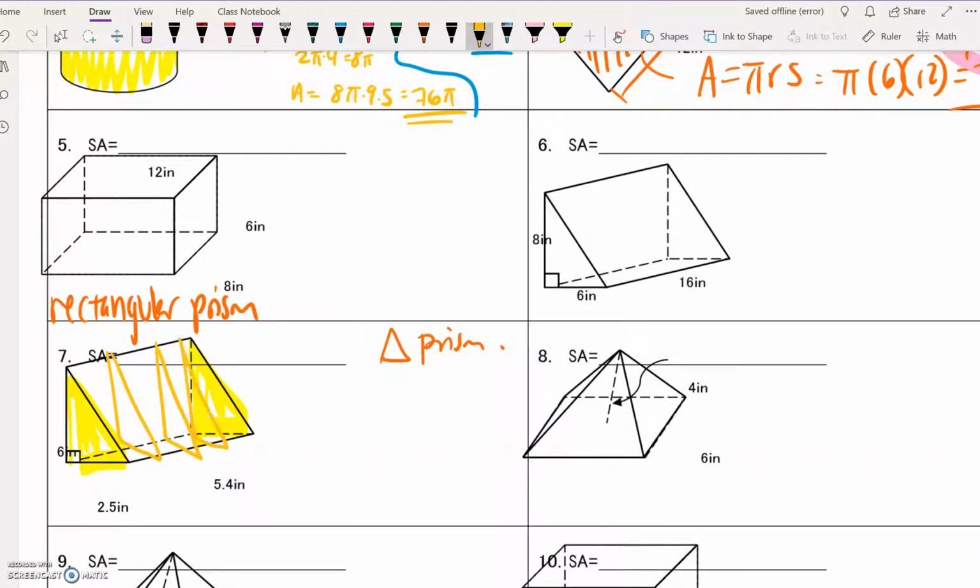So you can kind of picture all those triangles were stacked, and they made that wedge-like shape. Now this one is a little bit different from our rectangular prism, because your base could really be any of the sides.